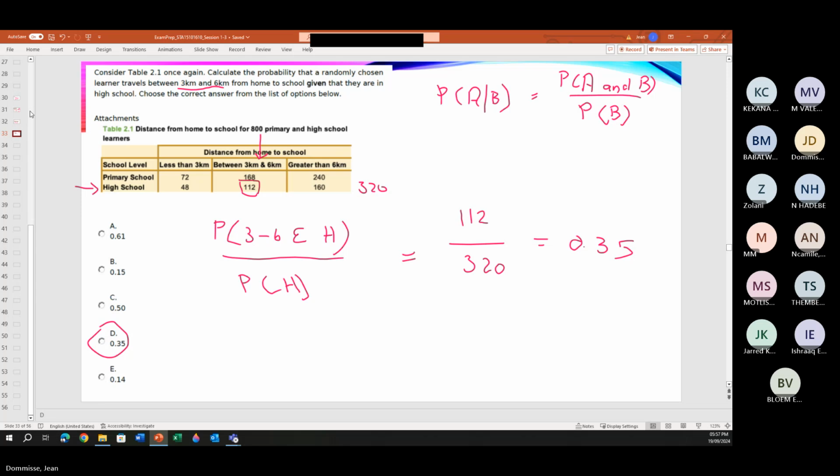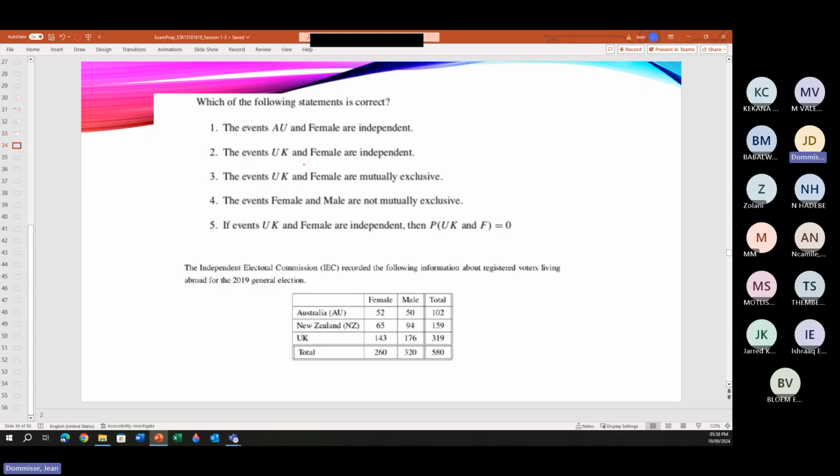They will nearly ask something like this and then ask a different type of probability question as well. Okay, so let's look at more examples. Here they are basically looking at a lot of independent, mutually exclusive types of questions.